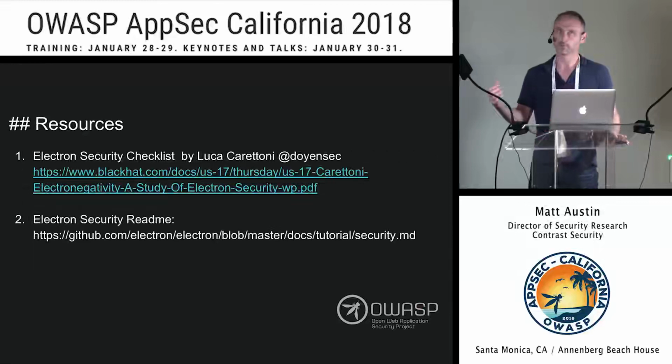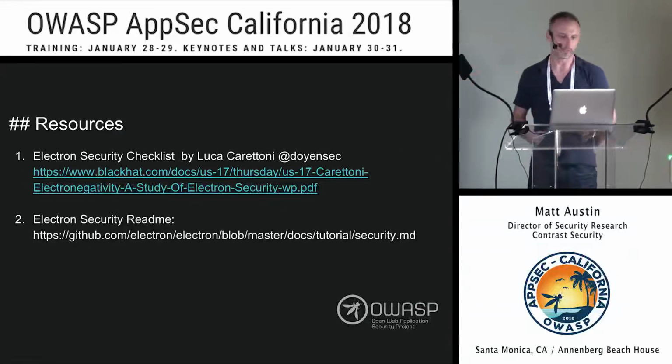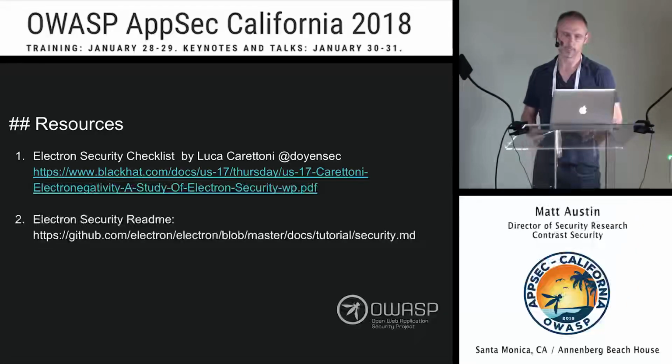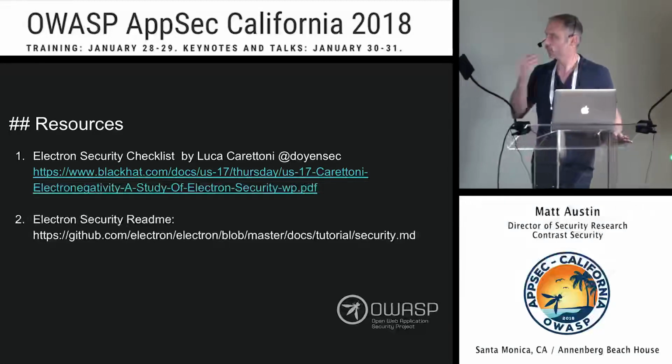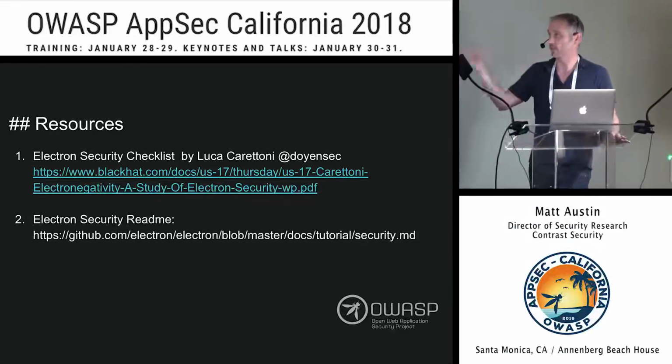I wanted to show basically what not to do by example. I didn't create a checklist or a list of like, this is the right way to do it. A couple of people have though, and I definitely wanted to call them out. Luca, sorry, I'm not going to try. He did a really good talk at Black Hat this year, and he has a great new checklist for Electron that covers a really wide range.